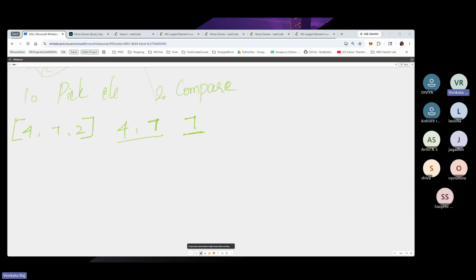Then again we compare the 7 with 2, and we know that 7 is the largest. So this is a way of finding the first largest element.